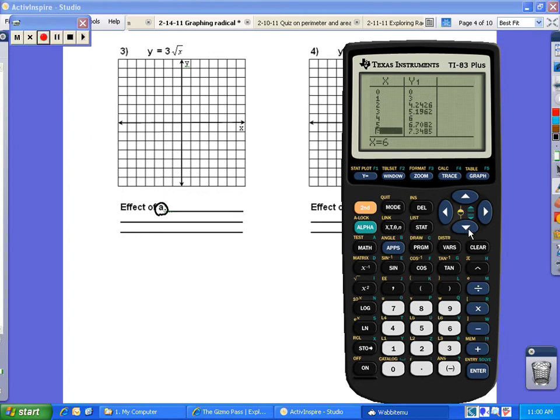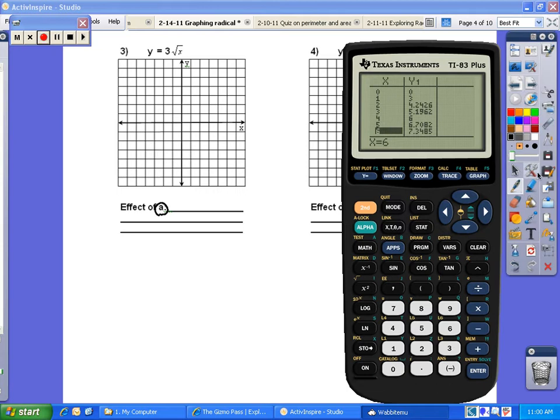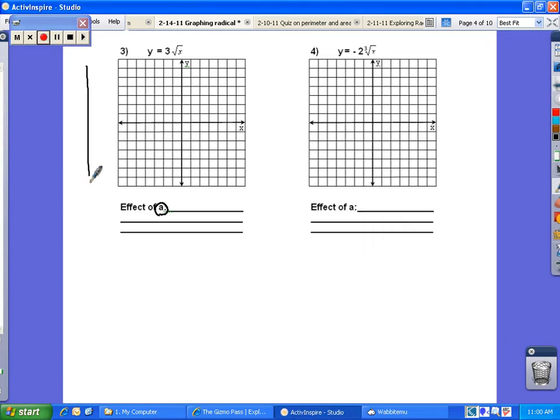And that is what we call a growth rate. So 0, 0, 1, 3, and 4, 6 are the points that we're going to graph on our coordinate plane.